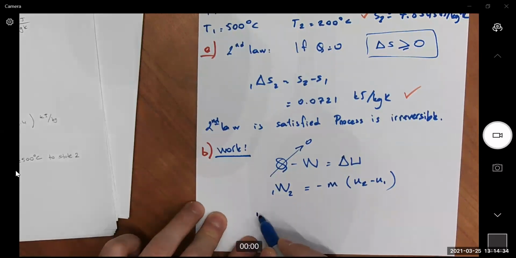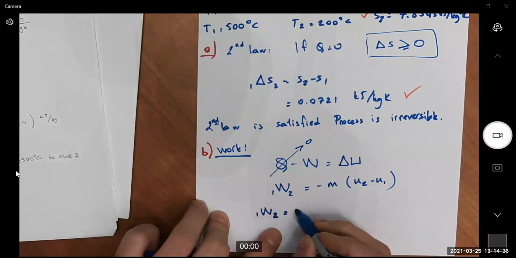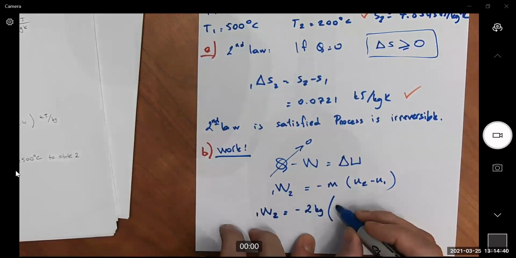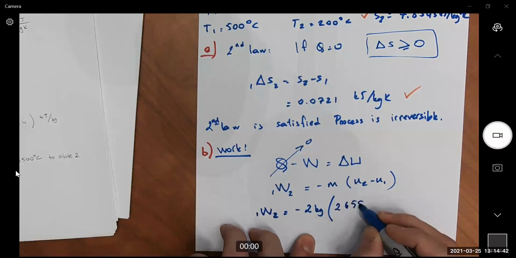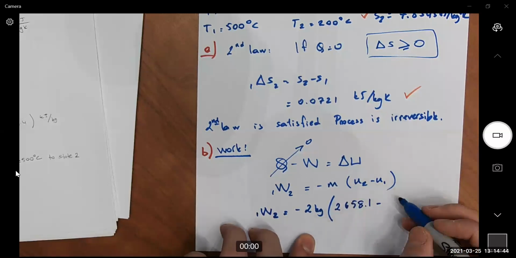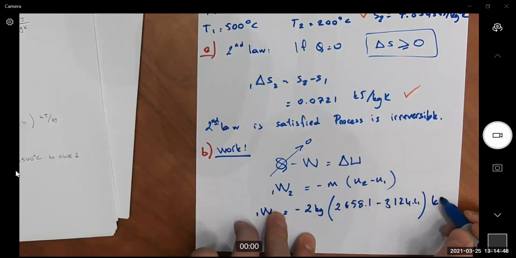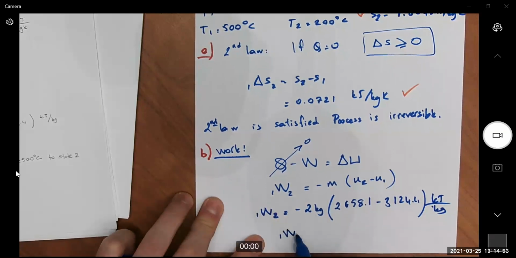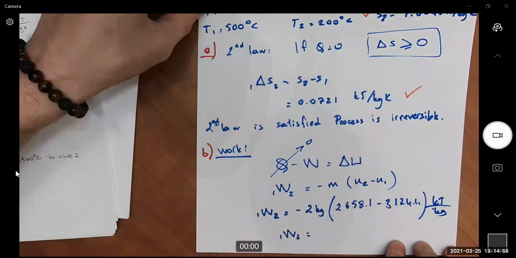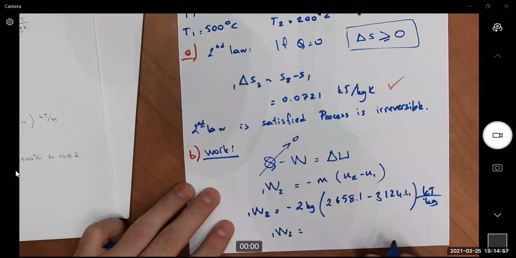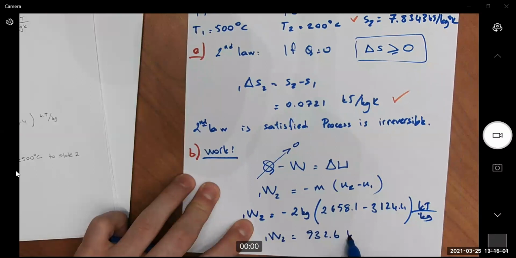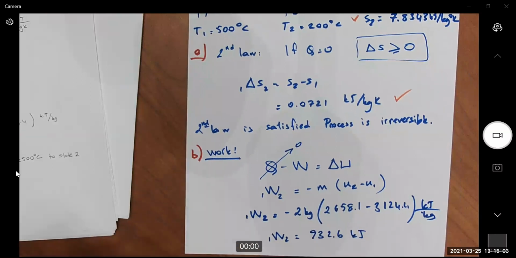So work from state 1 to state 2 will be minus 2 kilograms times 2,658.1 minus 3,124.4 kilojoules per kilogram, and work from state 1 to state 2 is 932.6 kilojoules.